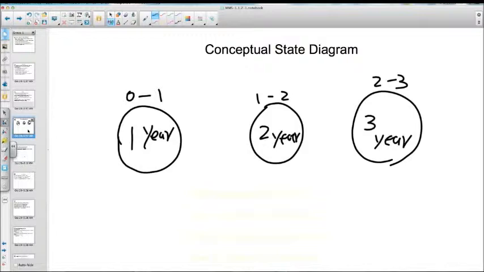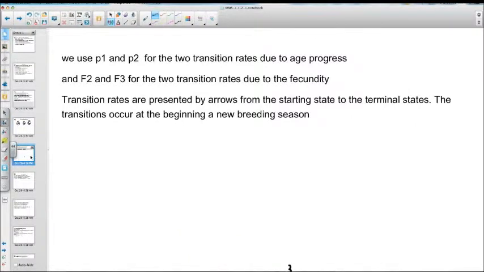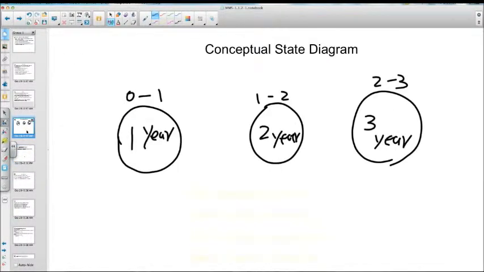Besides this, we need to remember two sets of parameters. We call these transition rates. One transition is due to natural age progress. Let me write it down. Age progress. Just like when you pass your birthday and you add 1 year to your age, we do the same to the birds.